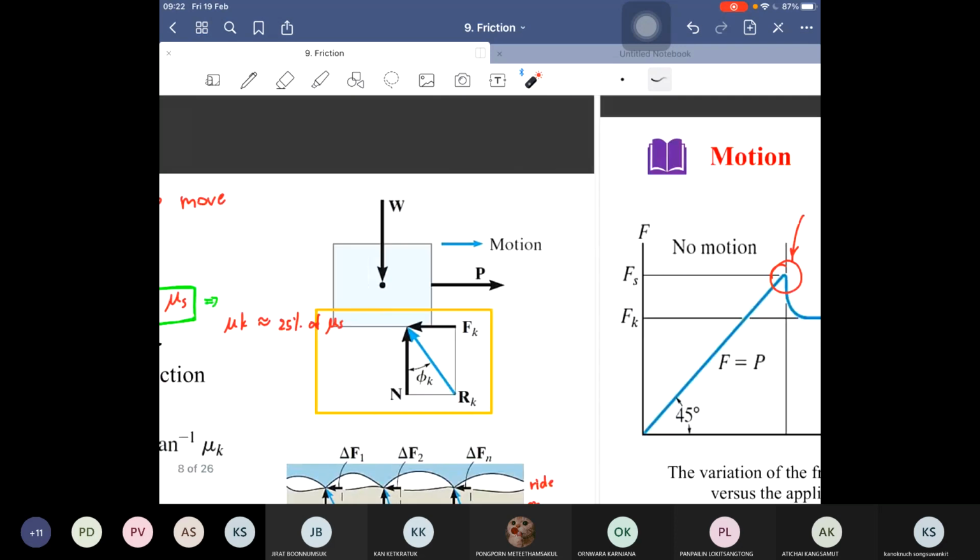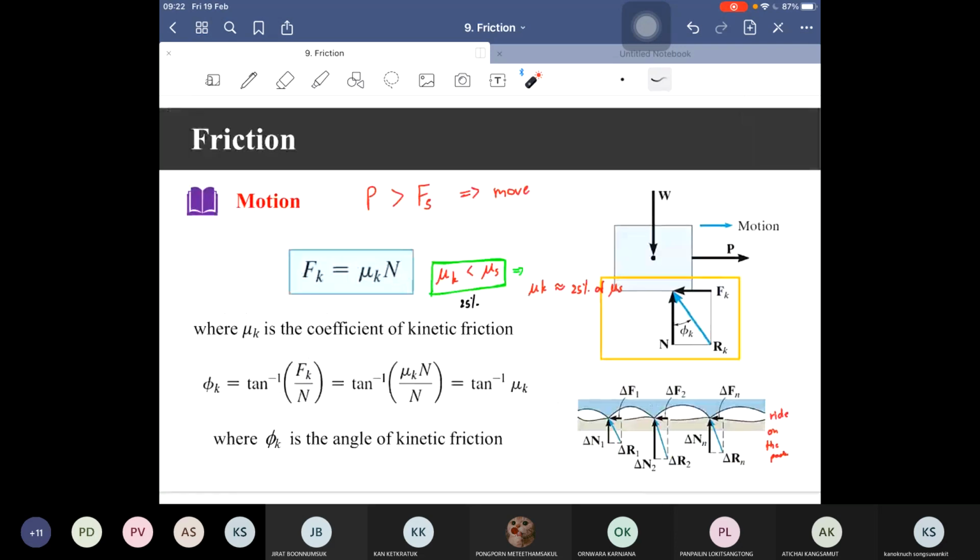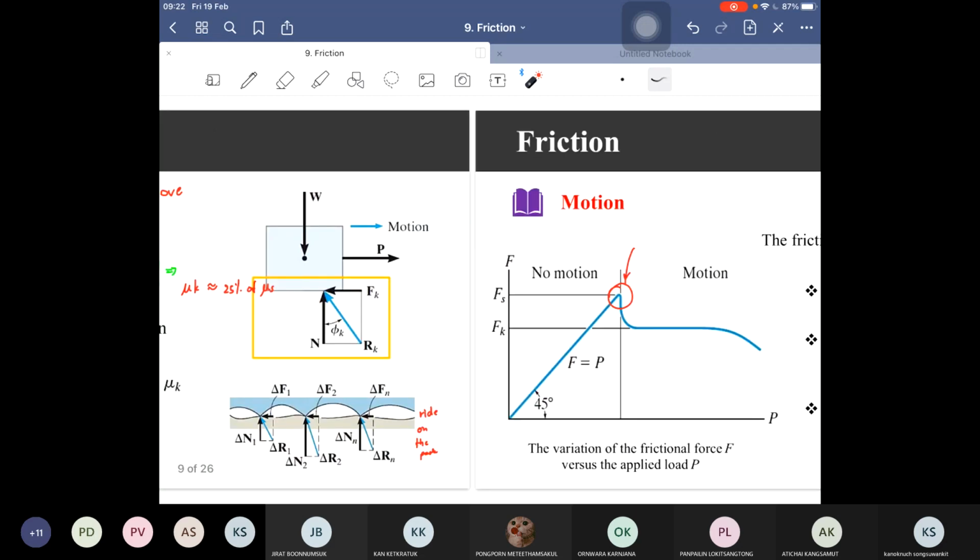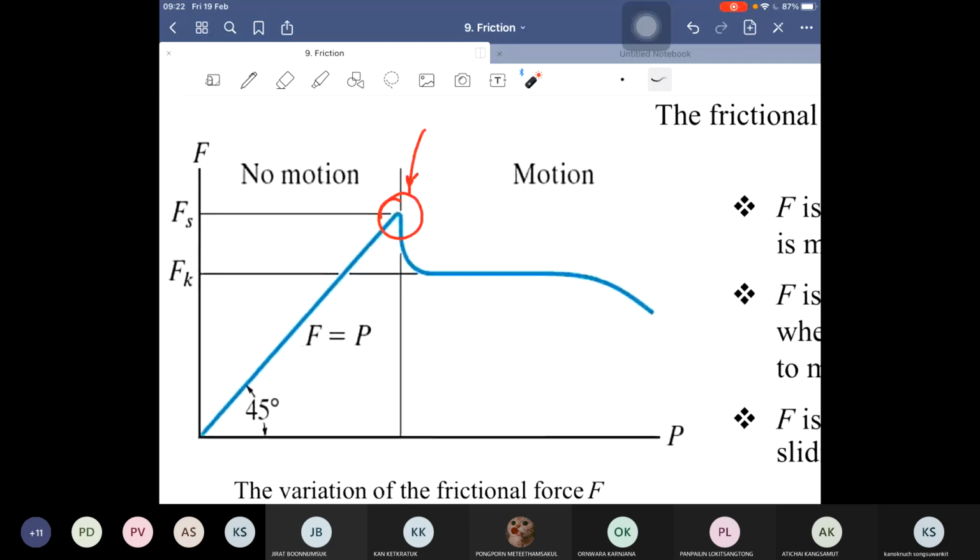Like I explained before, if this box starts to move, it will lie on the peaks between the contact surfaces. Therefore, mu K will reduce from mu S by about 25%. That's why in this state, the graph will drop down a little and then become constant as Fk.